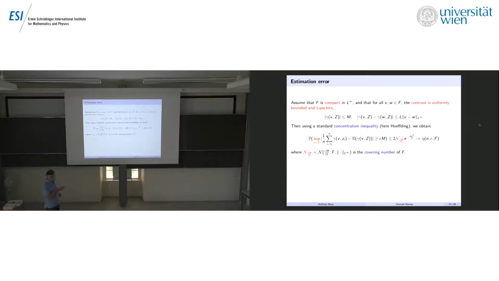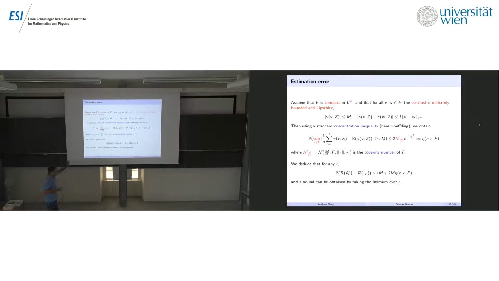Here you will lose a factor, which is the covering number of the set F, at a scale that depends on the bound M and on the Lipschitz continuity L. These are standard results. And finally, you obtain very easily a bound on the expectation of the error by epsilon m plus 2m times the probability that you have here, that depends on n, on epsilon, and the model class you have. Then a bound can be obtained by taking the infimum over all epsilon.